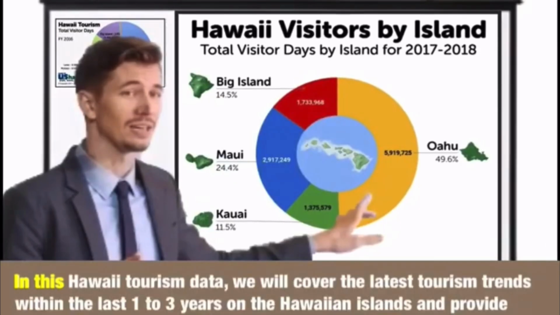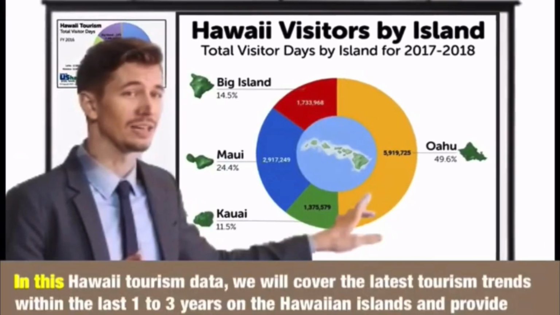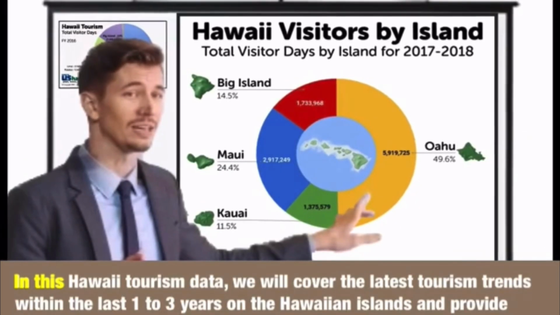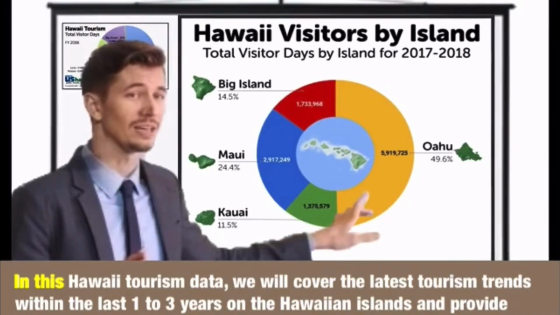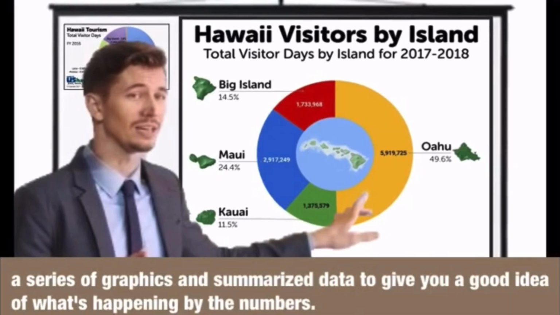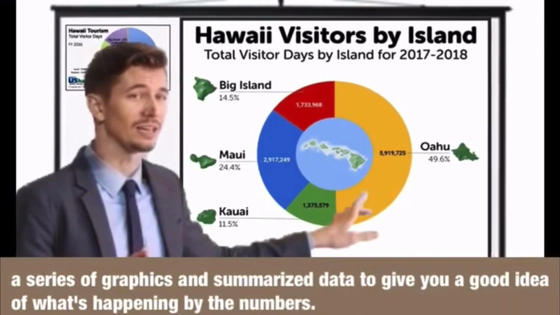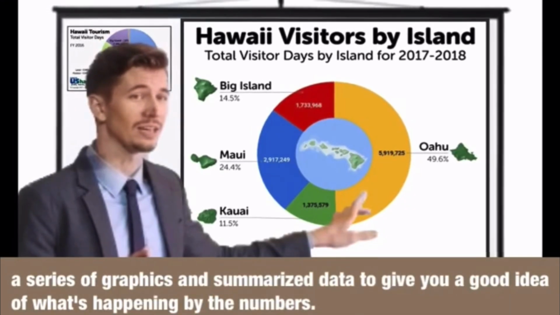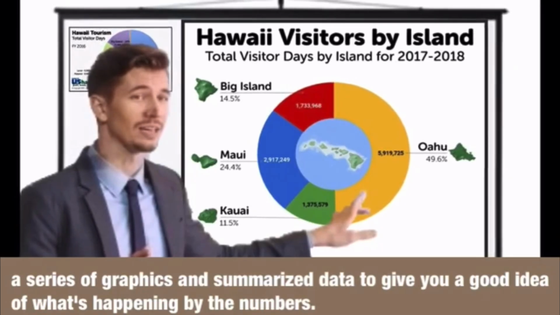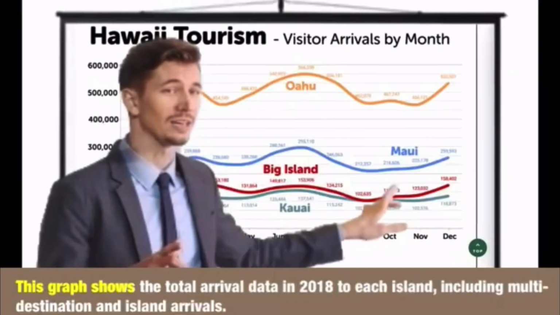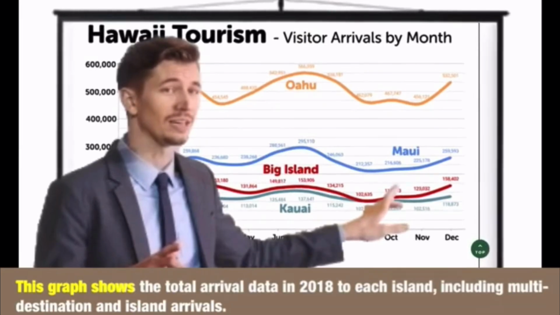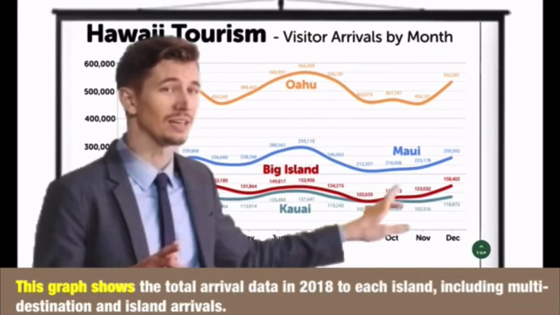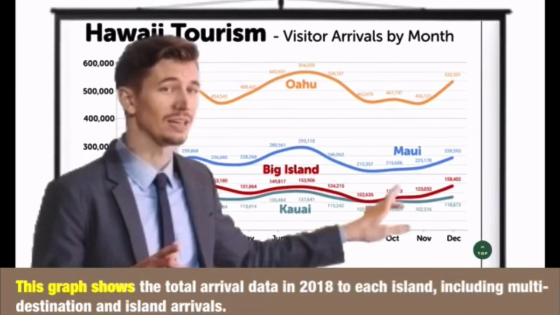In this Hawaii tourism data, we will cover the latest tourism trends within the last 1 to 3 years on the Hawaiian Islands and provide a series of graphics and summarized data to give you a good idea of what's happening by the numbers. This graph shows the total arrival data in 2018 to each island, including multi-destination and island arrivals.